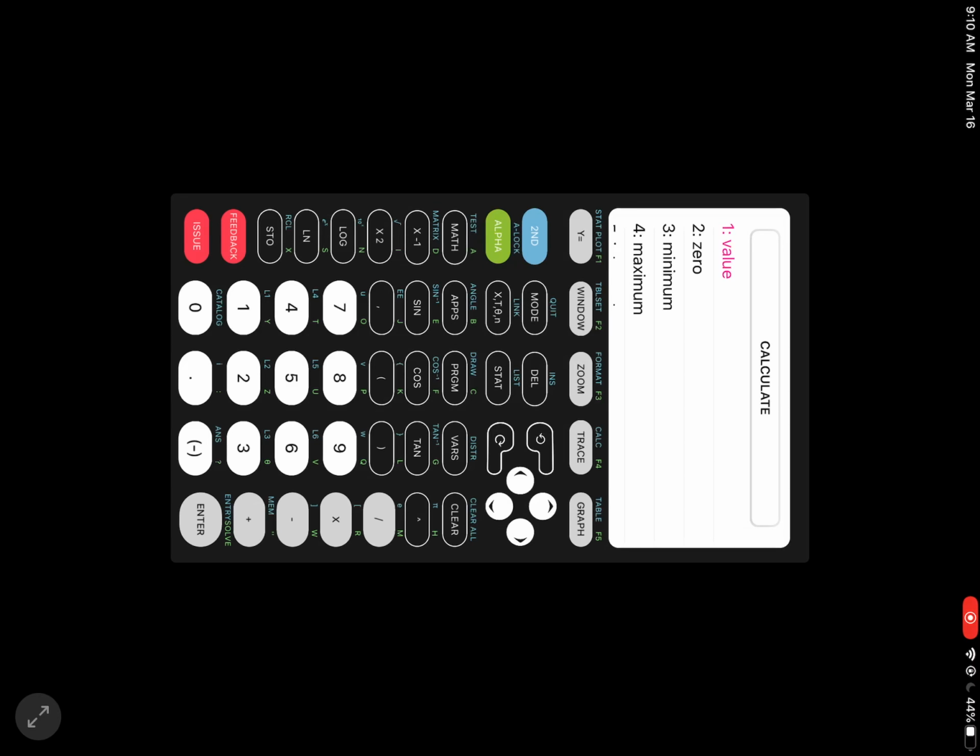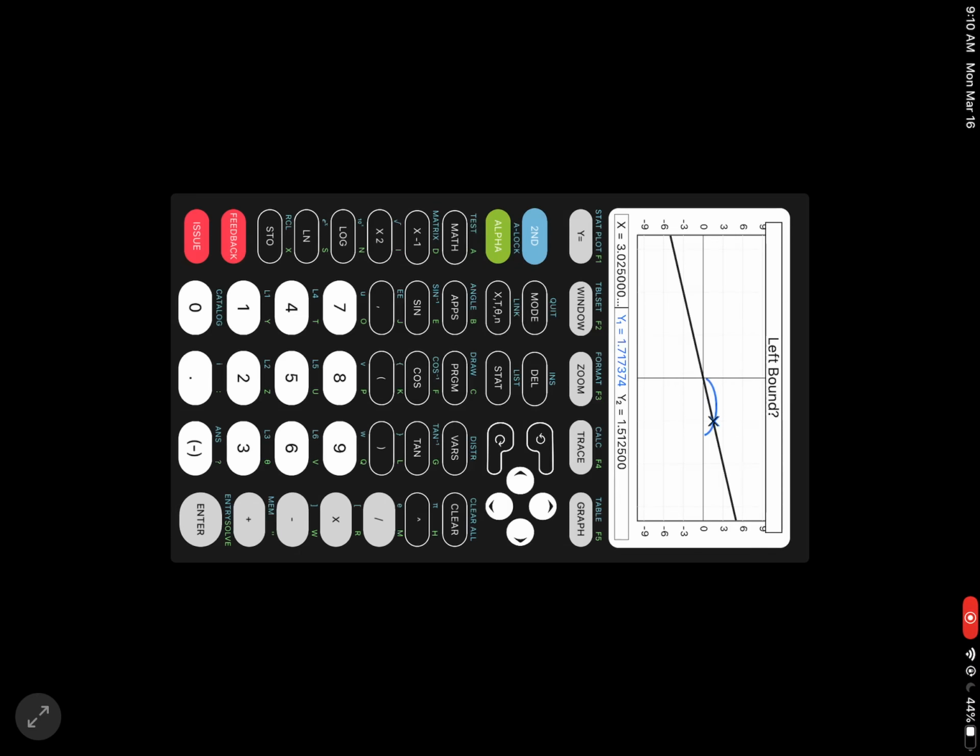And my second intersection point, let's see how this calculator does with intersections. It's a lot easier, I think, on the TI-84. There's my left bound, there's my right bound, and there's my guess. So it appears it is 3.025.